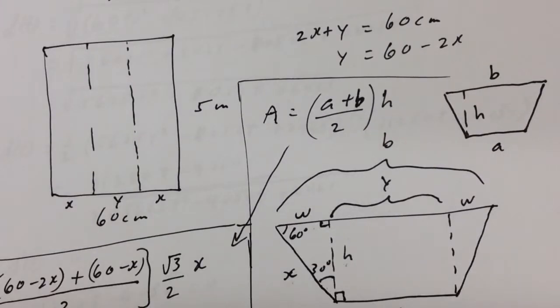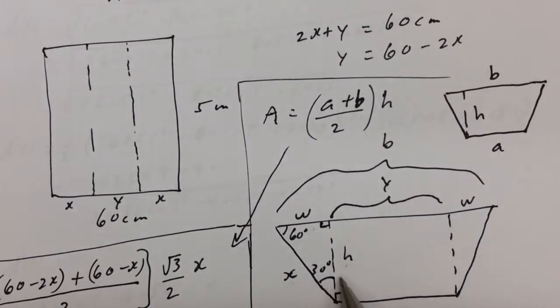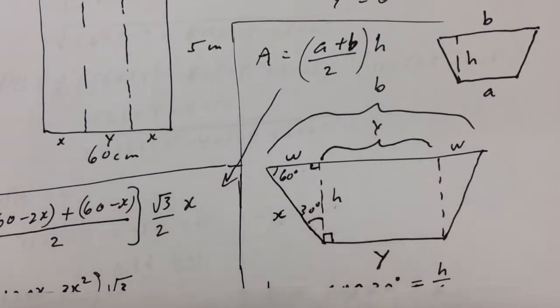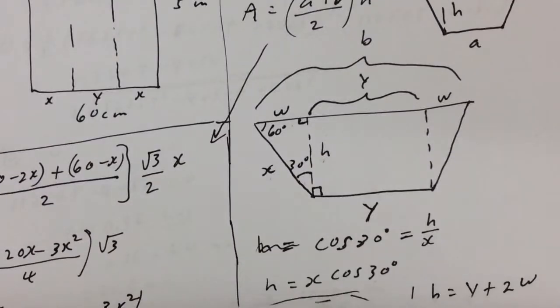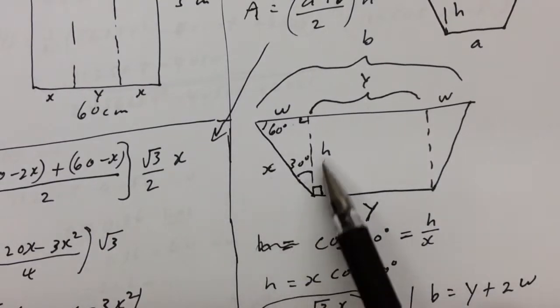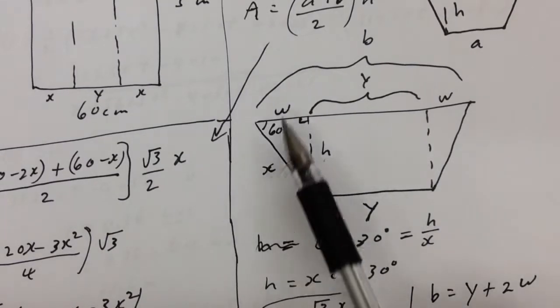Now we've got to break it down for our trapezoid. This angle here is 120. Take away 90, and we have 30. That makes a 30-60 triangle. From that, we get these nice equations here that relate x and h and x and w.